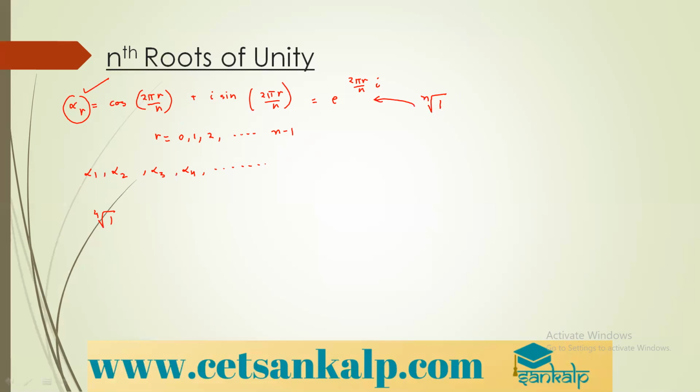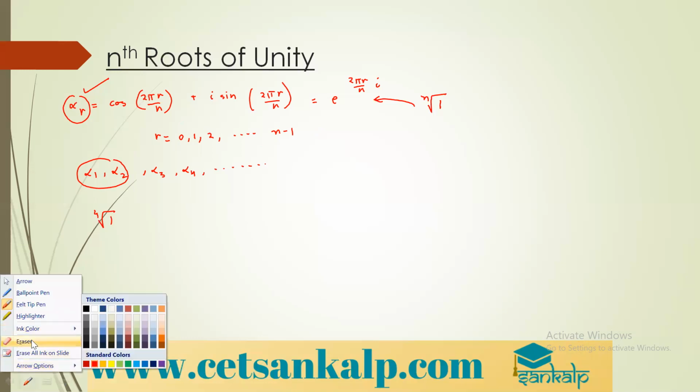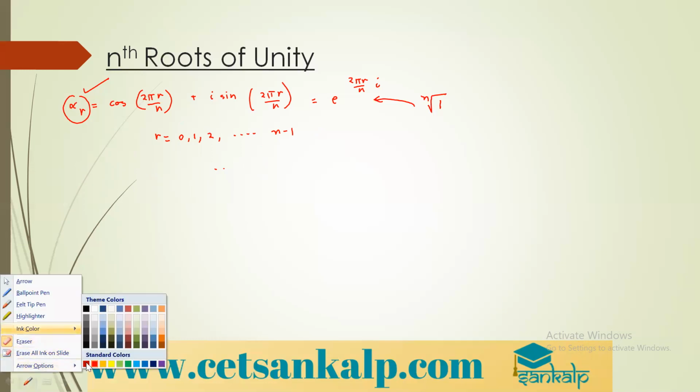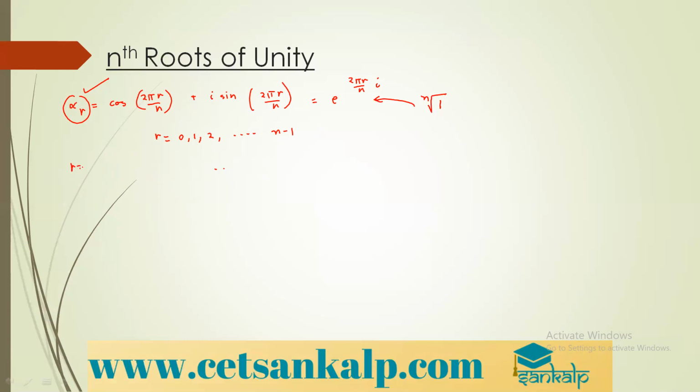Suppose if you take the square root of unity, you will take only 2. If you take the cube root of unity, you will take 3. I'll show you how. First, I will start with r equal to 0. When I put r equal to 0, I have alpha 0. So only one root. If I take r equal to 1, I will get alpha 0 and alpha 1.